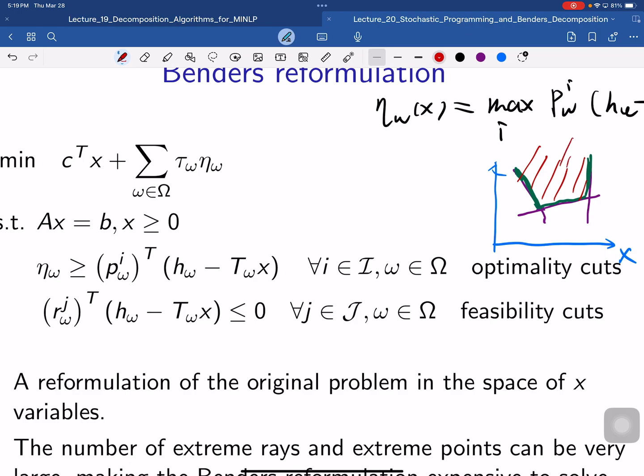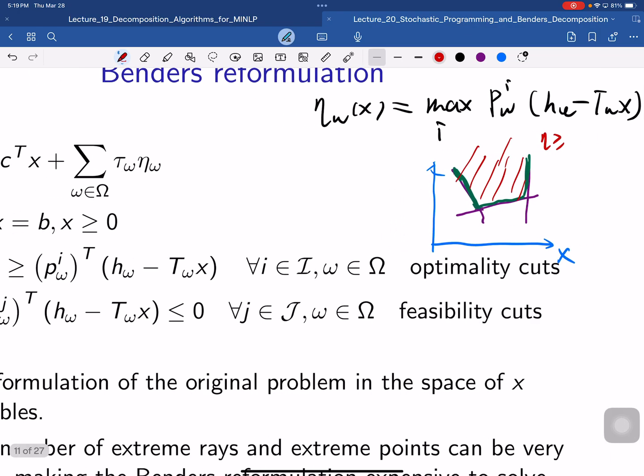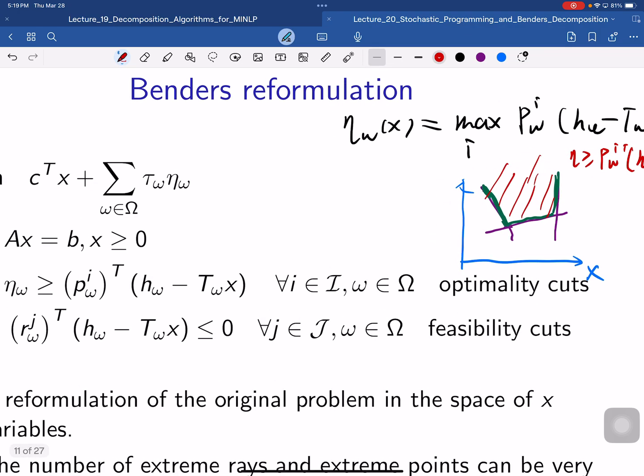This red region is eta greater than or equal to all those linear constraints. So that's what this linear inequality is representing. It's this red region above the max of all the linear functions.